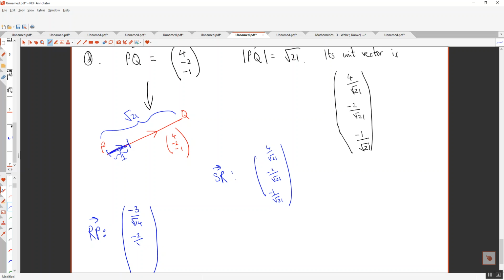Negative 2 divided by the square root of 14, and negative 1 divided by the square root of 14.